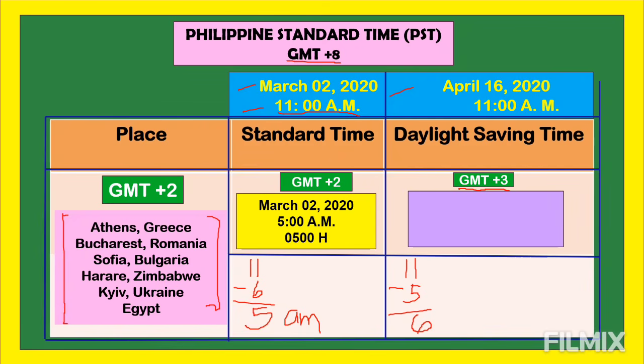Moving backwards, this is 6 a.m. Their time and date is April 16, 2020, 6 a.m. And we can write that into a 24-hour clock, 600 hours.